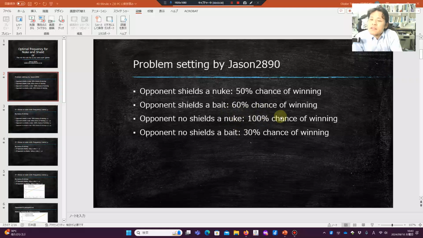So let us assume this is a 100% chance of my winning. The last case, the opponent doesn't shield my bait. This is bad for us. In fact, the third case is the best case scenario for us, and the fourth one is the worst case scenario, so this percent chance must be smaller than the other three.